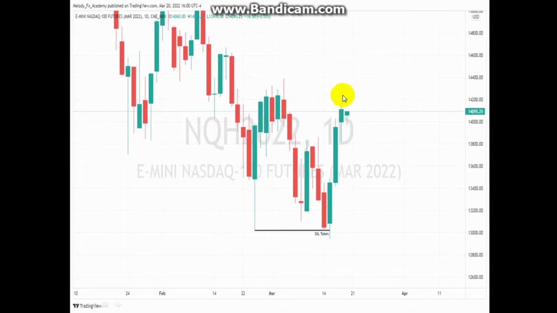Price is currently drawing to this, and remember we are currently at equilibrium, and what is above equilibrium is premium. So price is currently trading into the premium sector of this range, and we have this old high with buy side liquidity resting above it. This is what is currently drawing price upwards.